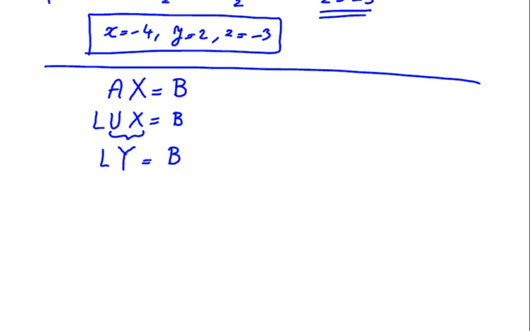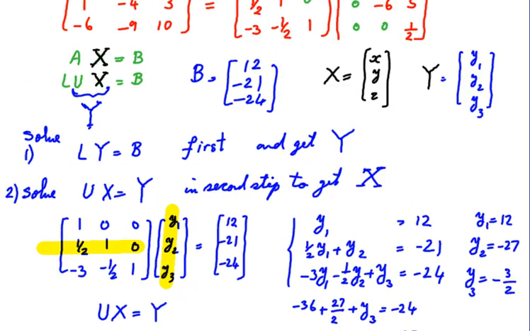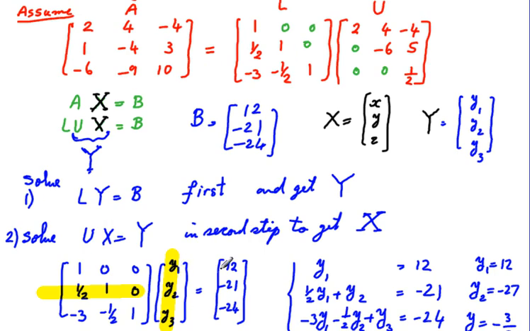Now, Ly equal to B, that's the forward elimination step. It is like this stage. Solving it is just a matter of a bunch of substitutions, and you get the answer.